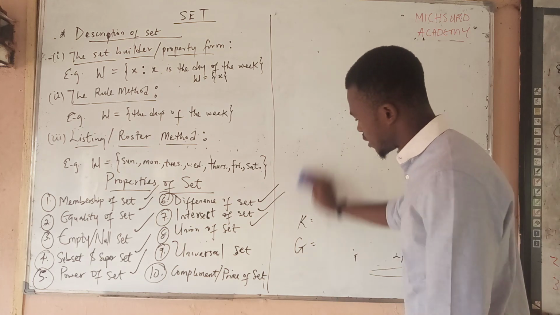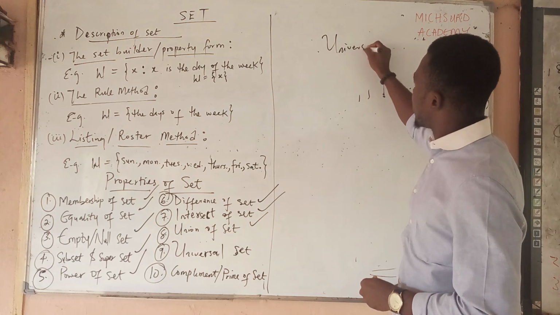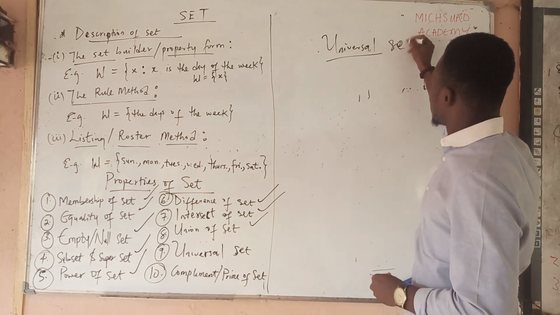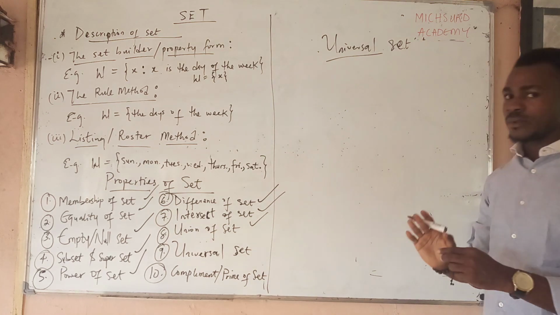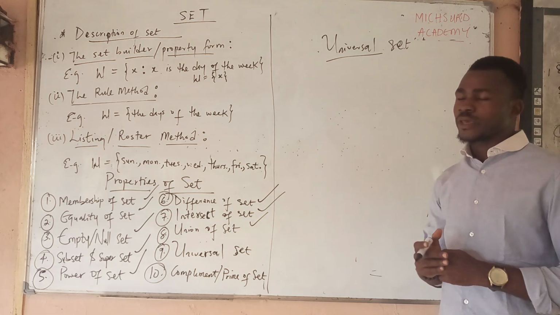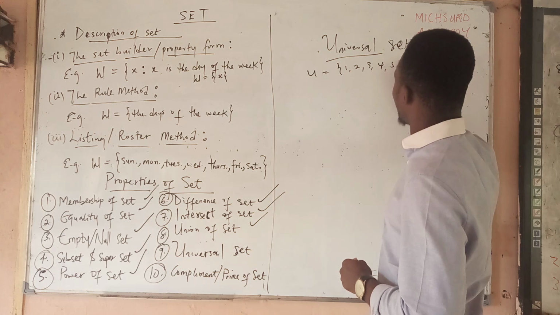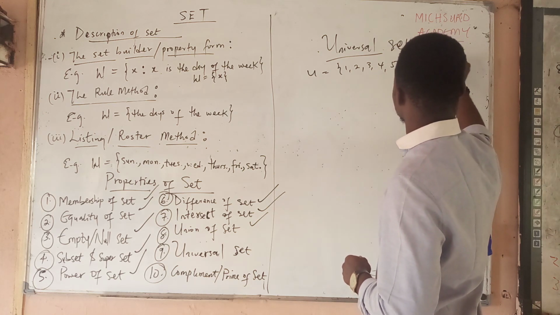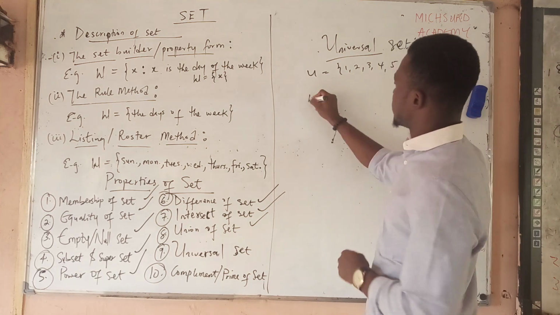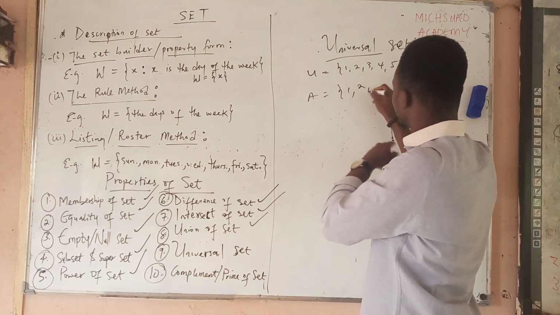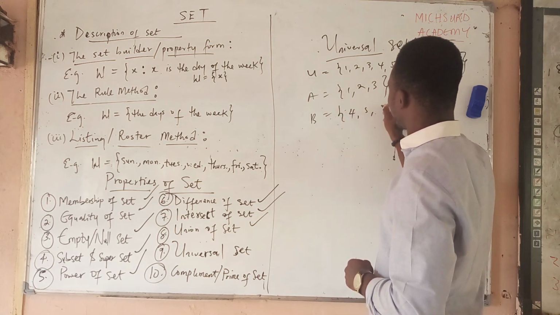Now the next one here is the universal set. From the word universal, we are looking at the overall set. Any set can be the universal set, depending on the system and the subsets it has. So if I consider U equal to 1, 2, 3, 4, 5, 6, 7, 8, 9, 10, then I have set A equal to 1, 2, 3, and set B equal to 4, 5, 6.